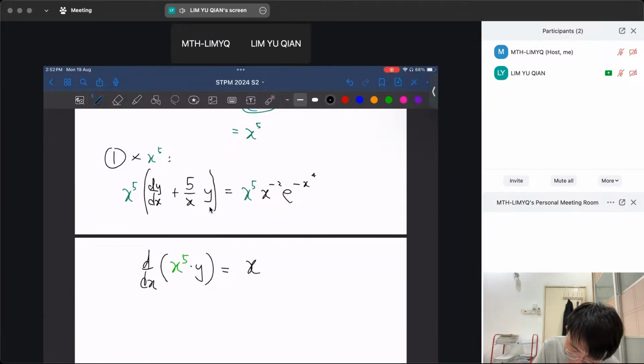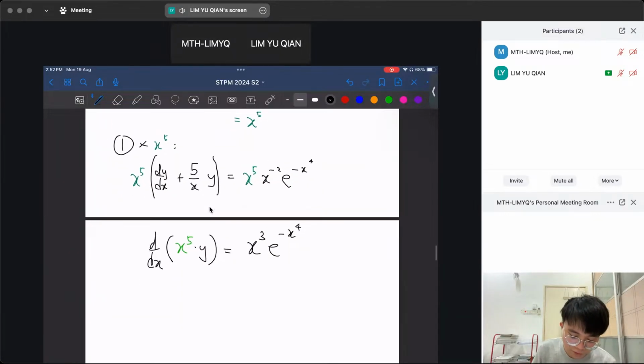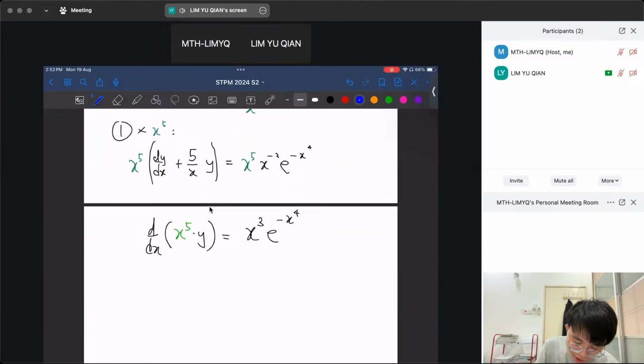Here you can simplify: 5 minus 2, 3, x power 4, negative x power 4, sorry. From here let's integrate both sides.